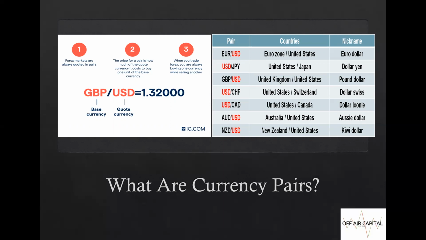The majors are the most liquid in the world, which means they have the most activity of traders buying and selling these currency pairs. The more frequently traded the pairs, the higher the liquidity.